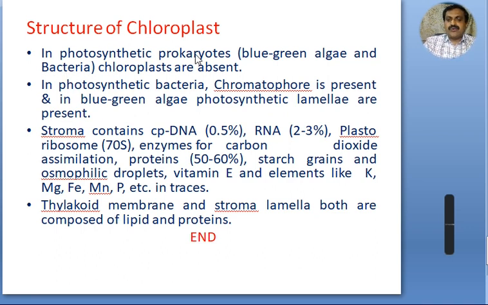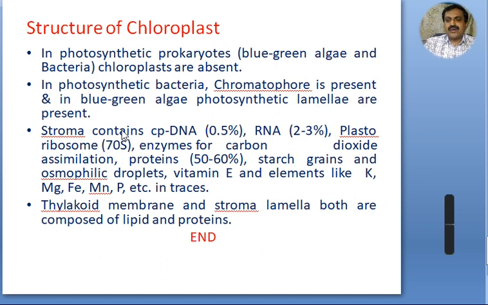In photosynthetic prokaryotes, meaning blue-green algae, the cyanophycean members, chloroplasts are absent. In photosynthetic bacteria, chromatophores are present, and in blue-green algae, photosynthetic lamellae are present.